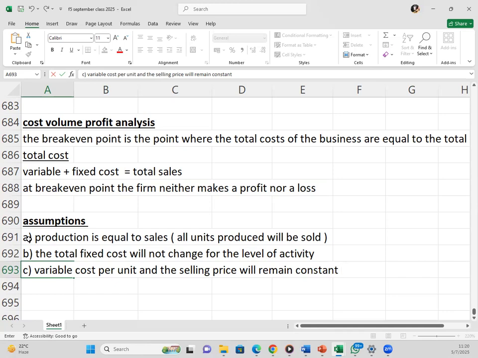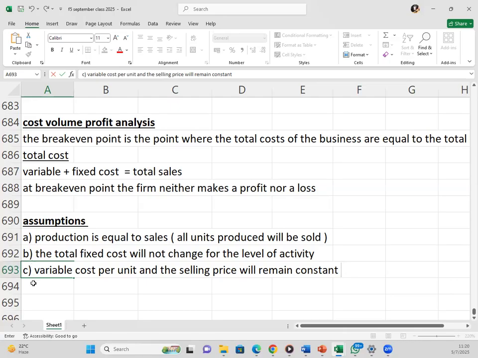For us to come up with the break-even graphs or the break-even formulas, the assumption is that we are not going to give discount to our customers. If we have a certain selling price, that is the selling price we are going to use. We are not going to discount. So there is no room for discount. All units are going to be sold at the same price.